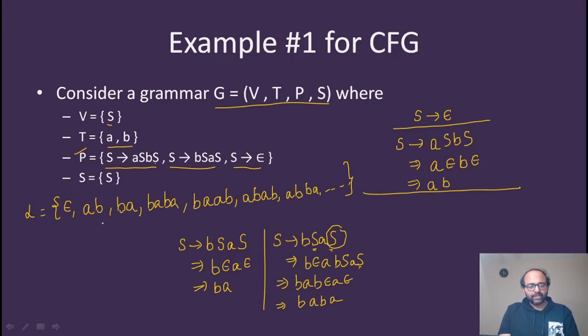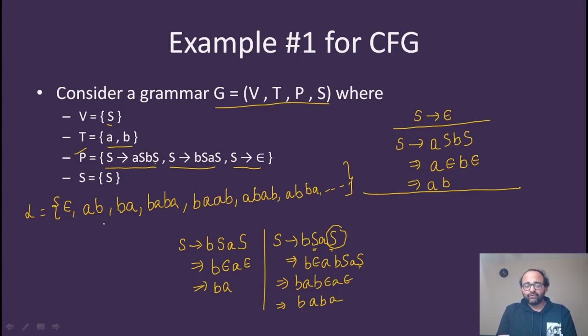If you consider all these strings which are generatable from this grammar, in every string the number of a's and number of b's are equal. It means this grammar generates a language containing an equal number of a's and b's. And clearly the order of a's and b's doesn't have any restriction.